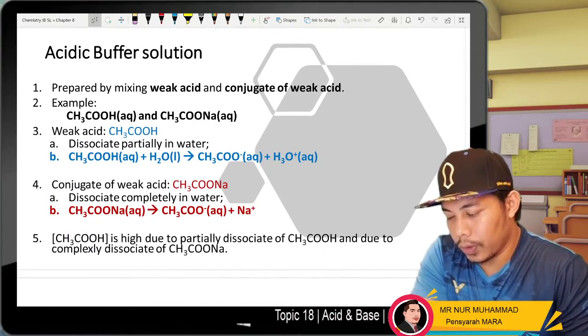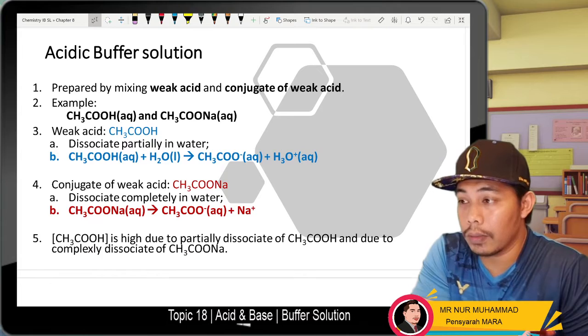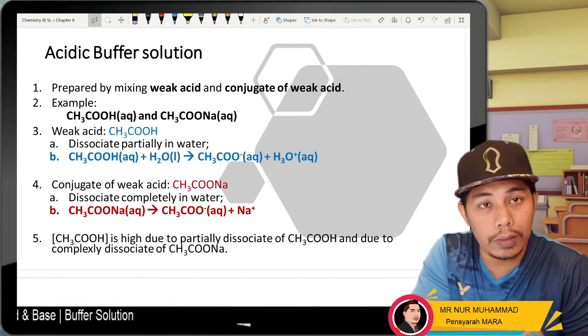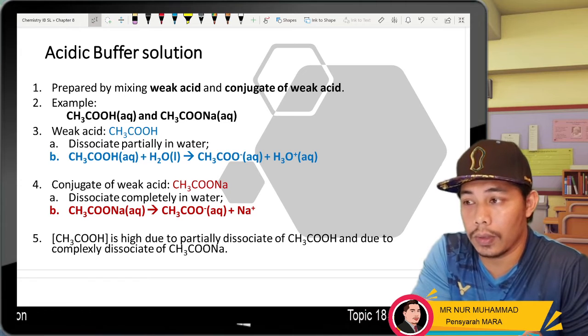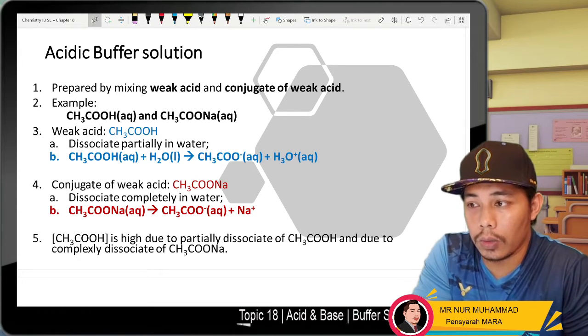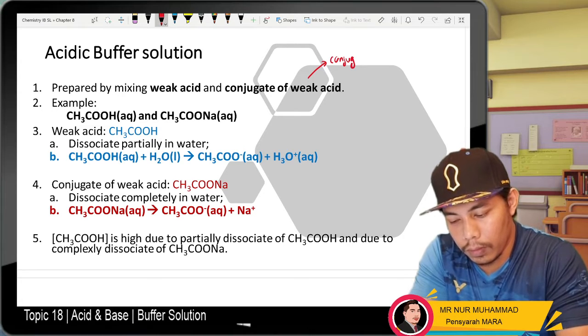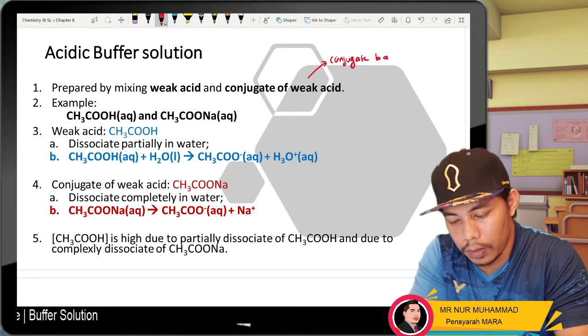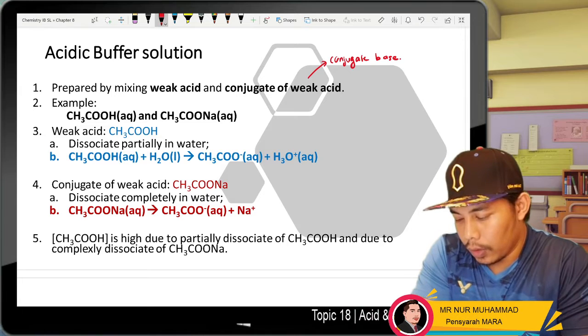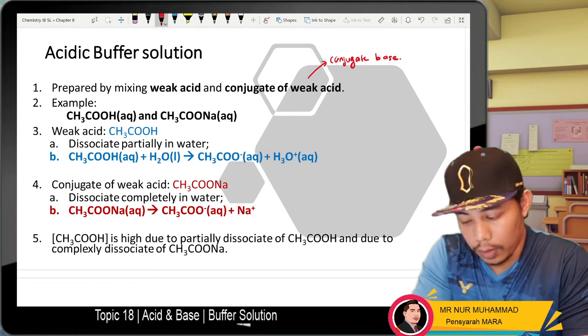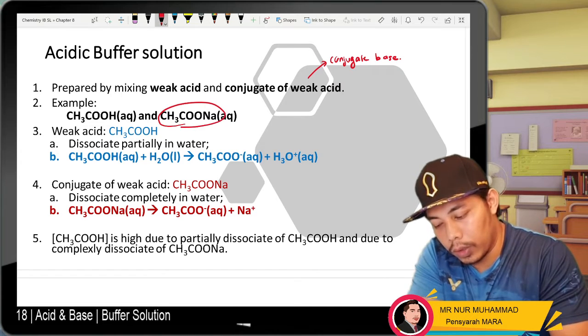So for the acidic buffer solution, as I said before, it must have a weak acid and its conjugate base. The conjugate of the weak acid here is the conjugate base. For example, ethanoic acid and sodium ethanoate. So where does sodium ethanoate come from?